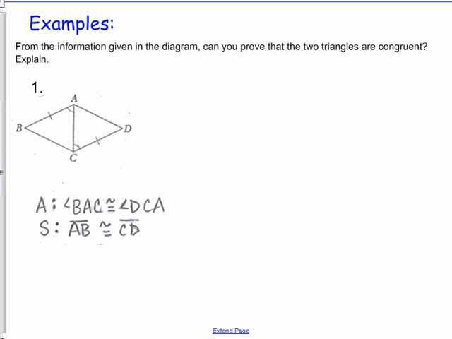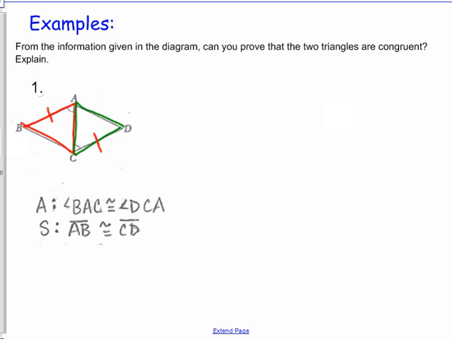So, if we look at this information in the diagram, can we say that these two triangles are congruent? I see triangle BAC, that triangle there, and I see DCA. Are those two triangles congruent? Well, one thing that I see is that I have these two sides congruent.